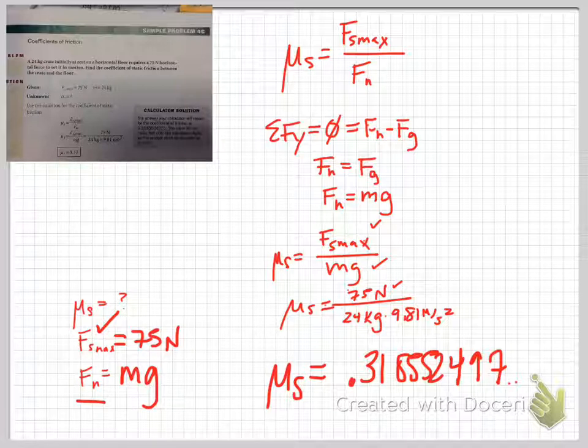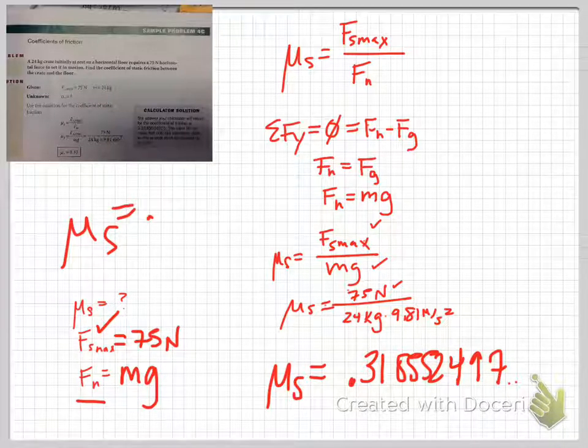So ratios are comparing two quantities, and here we're doing a ratio of the static frictional force to the normal force. If we do the dimensional analysis, a Newton is a kilogram meter per second squared, so we have newtons divided by kilogram meters per second squared. Units disappear. So final sig figged answer, we had 2 sig figs, so equals 0.32.